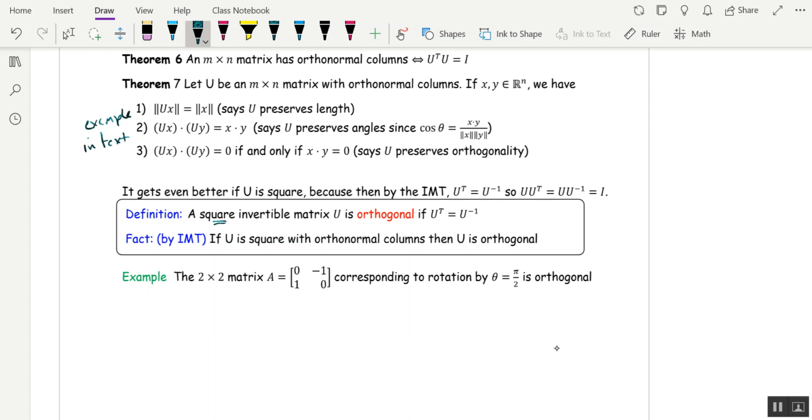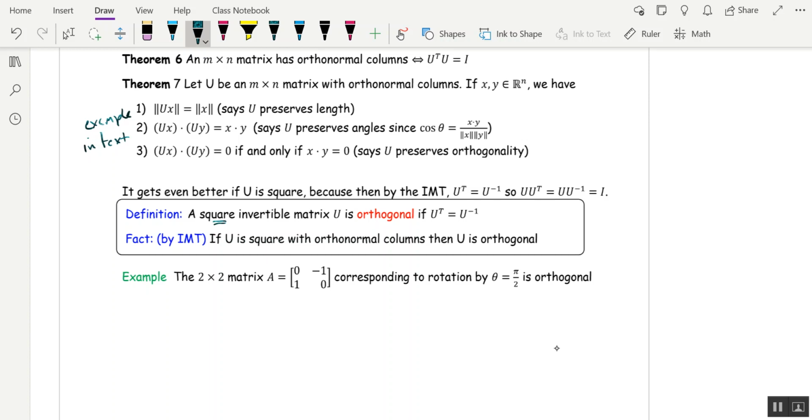It preserves lengths, it preserves angles, and then we have another interesting fact here in this box that if U is square with orthonormal columns, then you get an orthogonal matrix. So if you want to check if a matrix is orthogonal, there are two ways you could do it. If it's square with orthonormal columns, you're good to go. Or if its transpose is equal to its inverse, you're good to go.